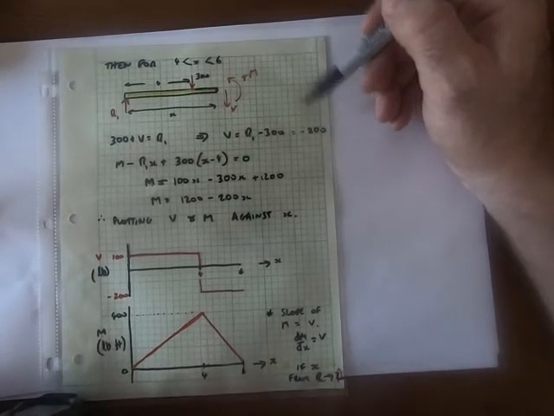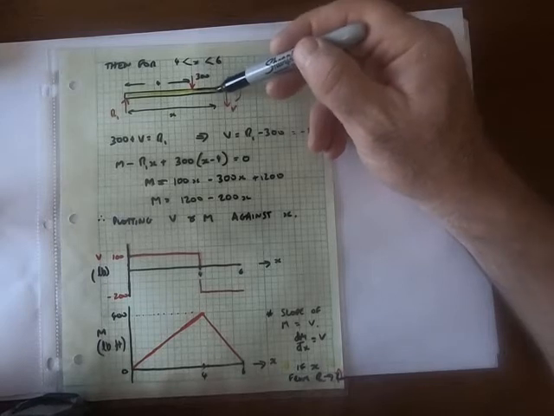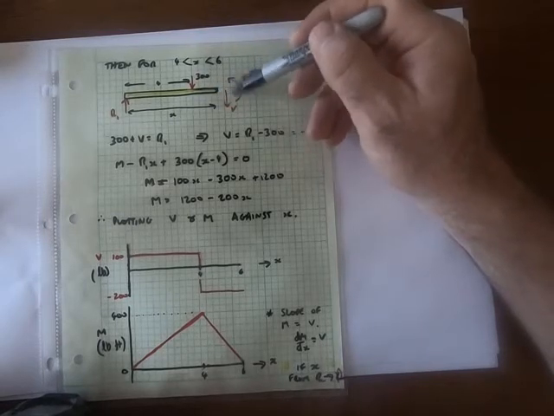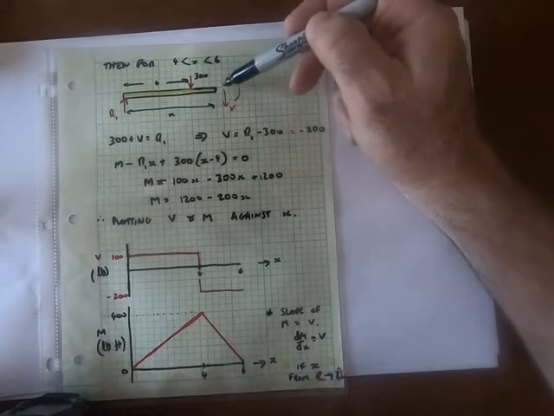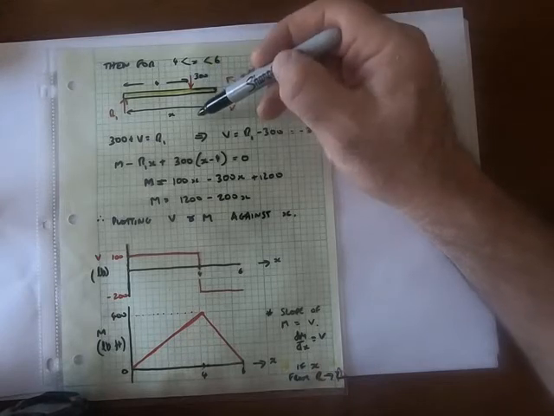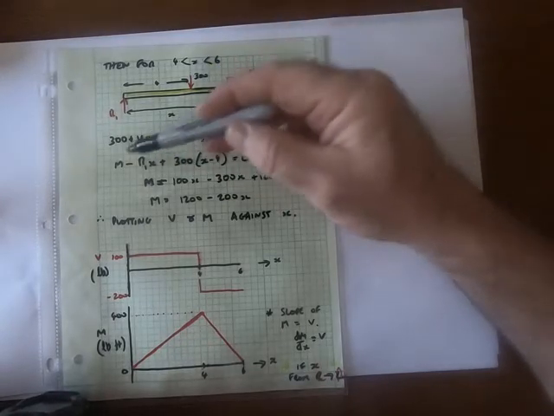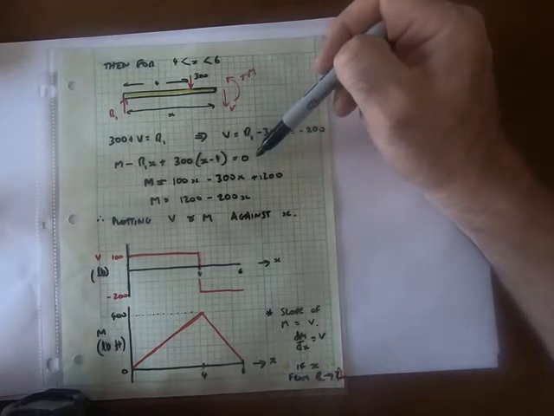Okay, so now for the moments, taking moments about this point, I have my moment, which is acting anti-clockwise, minus my R1 times x clockwise, plus my 300 times x minus 4 anti-clockwise. So that's what this equation is. M minus R1x plus 300 times x minus 4 equals 0.